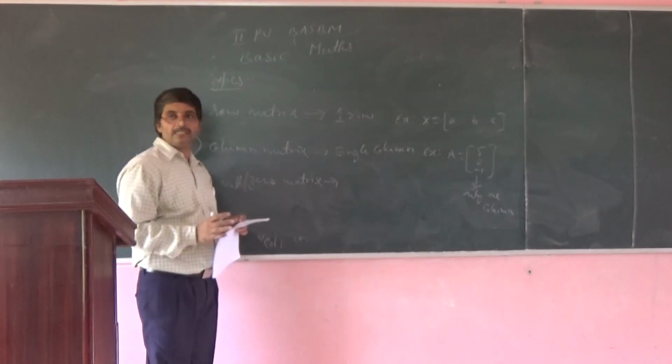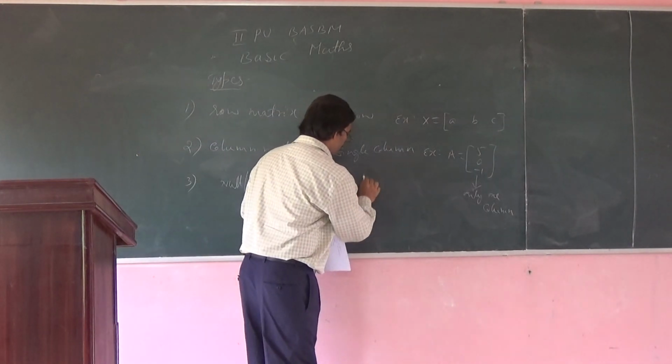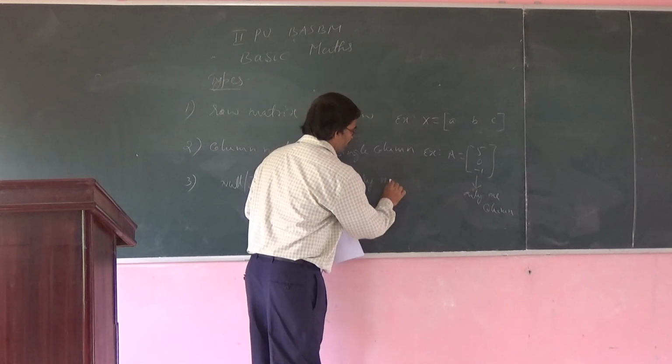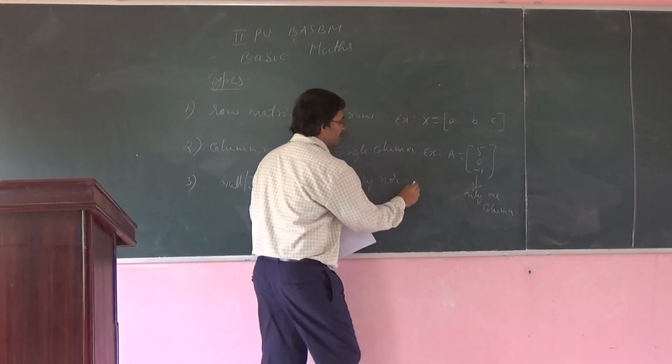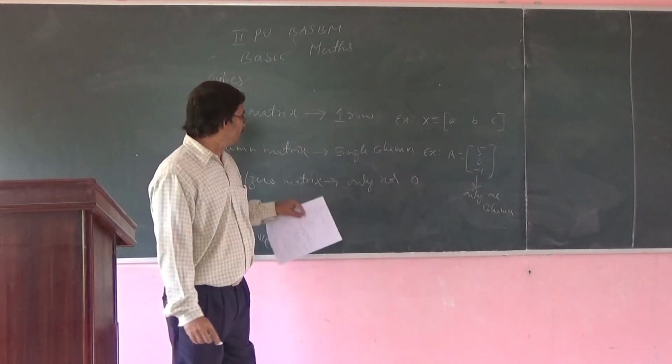A matrix having only zero values, number 0. Zero is only present in the zero matrix.